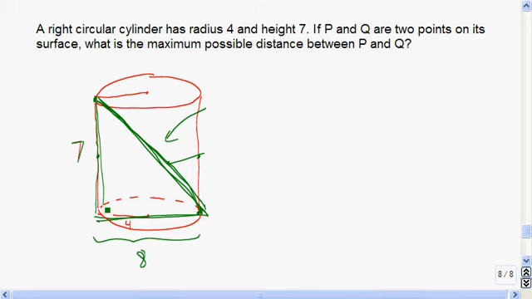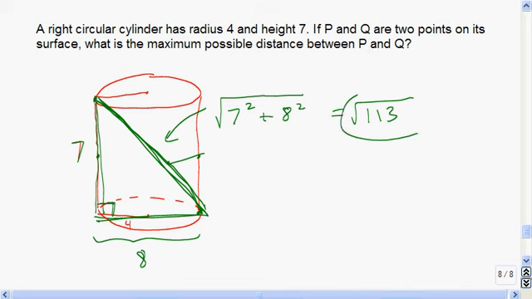Since we have a right triangle here, we can use the Pythagorean theorem to find the length of that diagonal. So it's going to be the square root of 7 squared plus 8 squared, and that's the square root of 113. So the maximum possible distance between P and Q is the square root of 113.